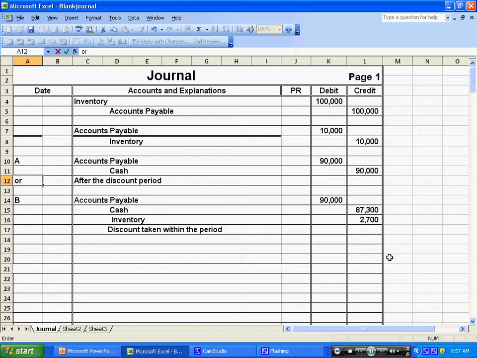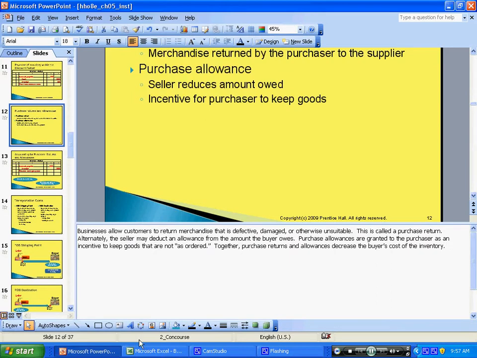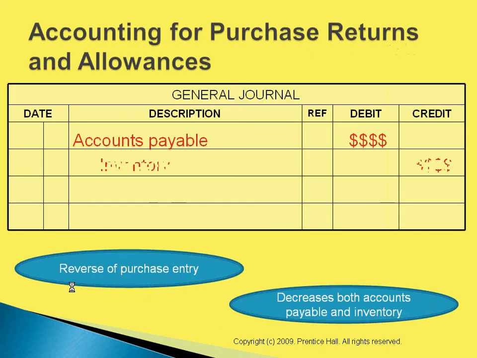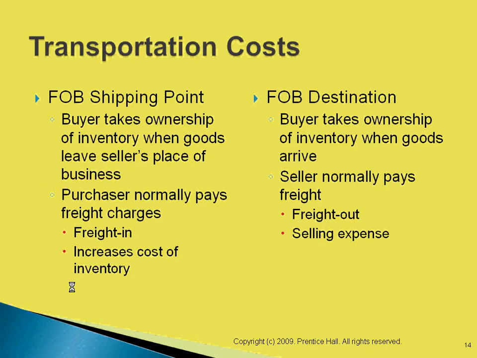Transportation costs. How do we handle those? Okay? If there's transportation costs and the shipping terms are free on board, FOB shipping point, the buyer pays these. So the buyer of the goods pays these transportation costs.